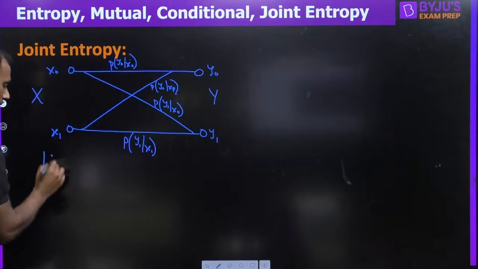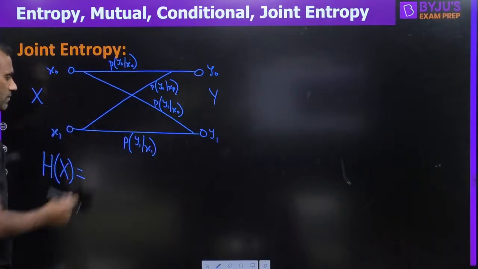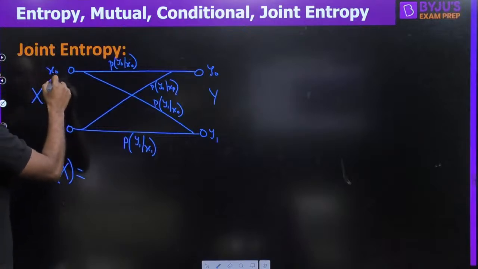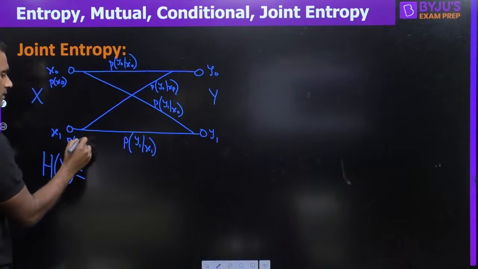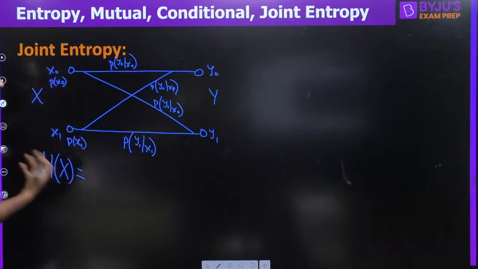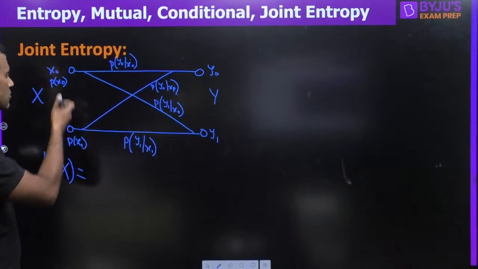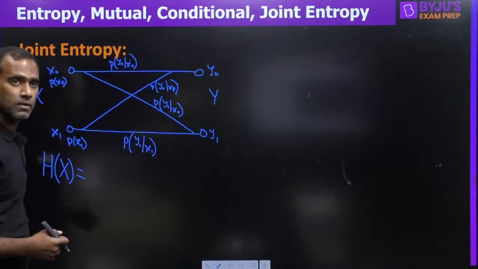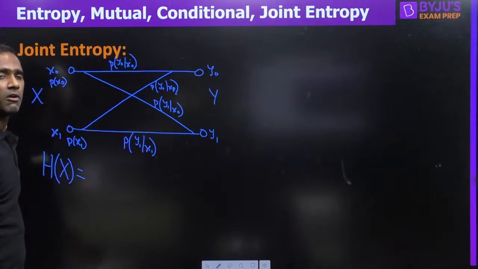Now see this one. How to find the entropy of x, the input. There are probabilities for x0, right? P of x0 and P of x1 are the probabilities, right? How to find the entropy of the input? Very simple stuff. The input x is a random variable which takes values x0 and x1, or you can think of a source producing x0 and x1. How do you find the entropy?